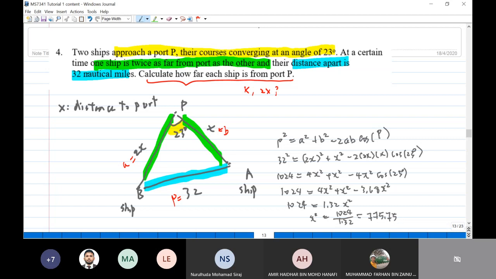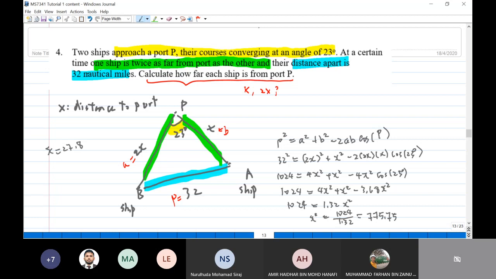Anyway, you take the square root now. So take the square root of this answer, 27.8. So you get x equal to 27.8.